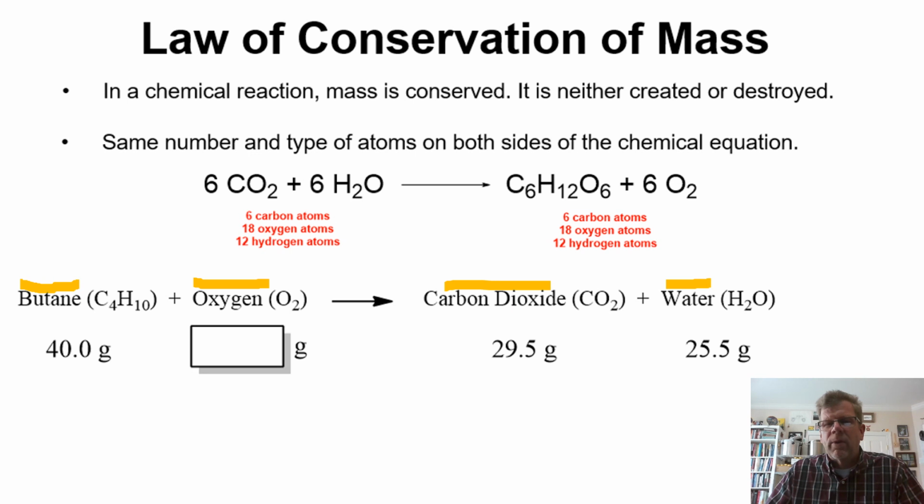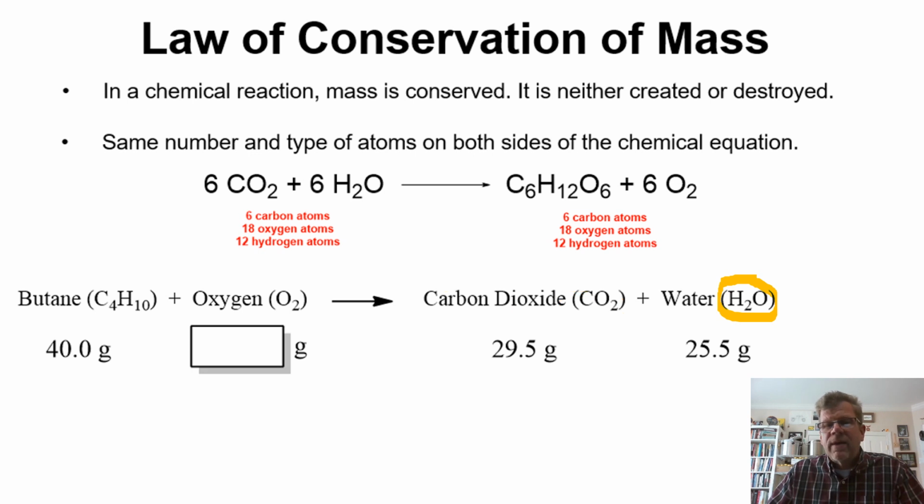This isn't how you'd normally see this, but it's written in problem form. Butane here over on the left-hand side, this is what its chemical formula would be. If we just had those chemical formulas in there for reactants and products, there is oxygen, carbon dioxide, and water, then this would be a bona fide chemical equation of reaction.